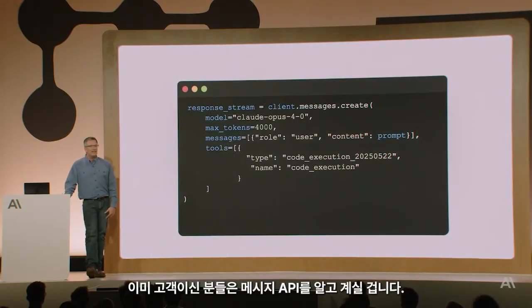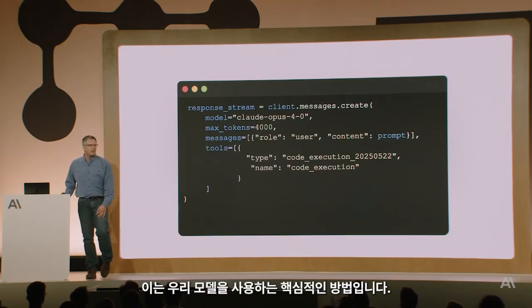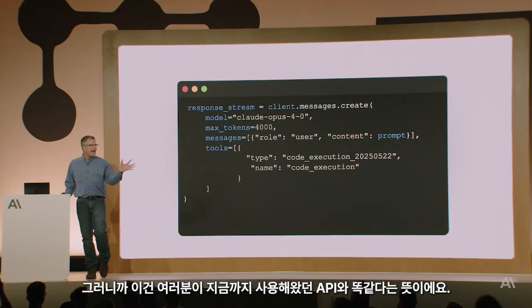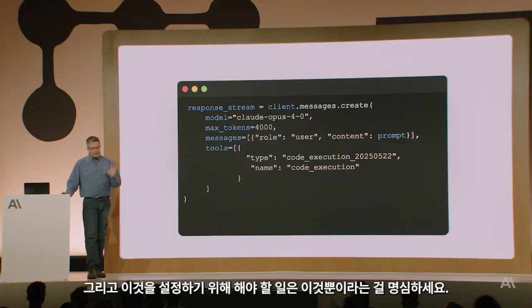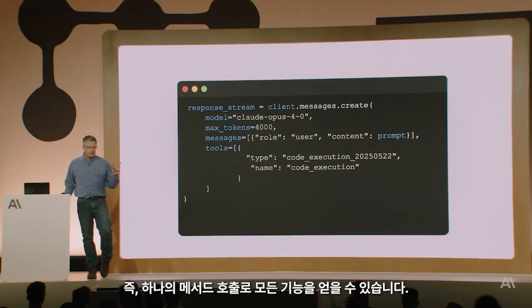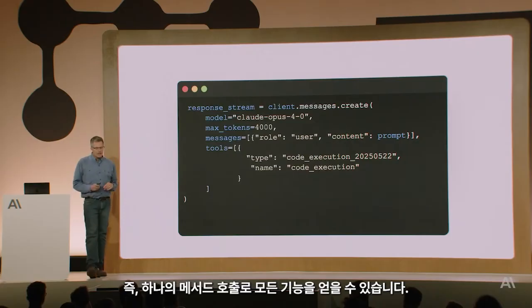Those of you that are already customers will recognize the Messages API. It's the core way to use our models. So it's the exact same API you've been using before. We've just added a new tools block. And keep in mind, this is really all you need to do to set this up. One method call brings all of this power.